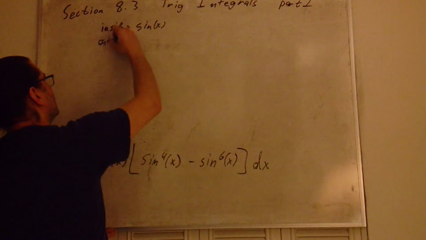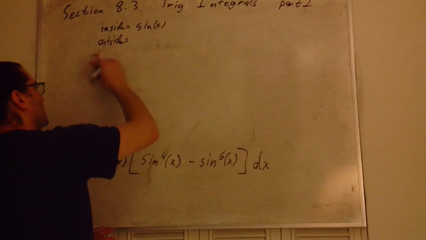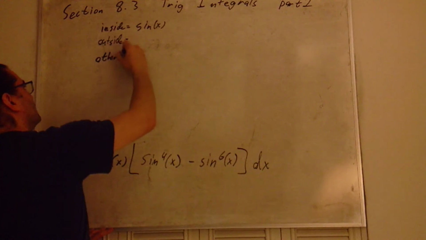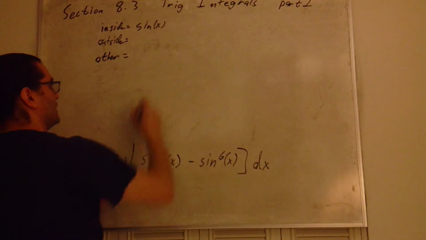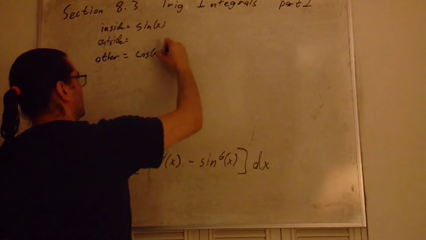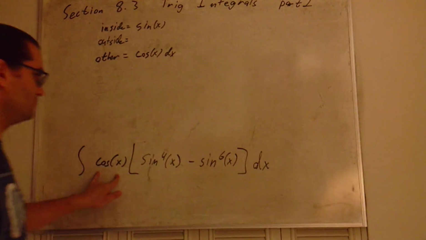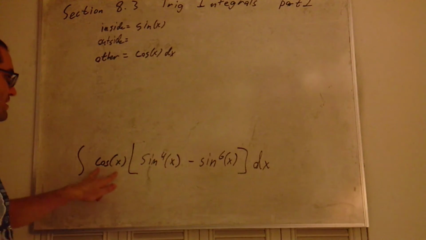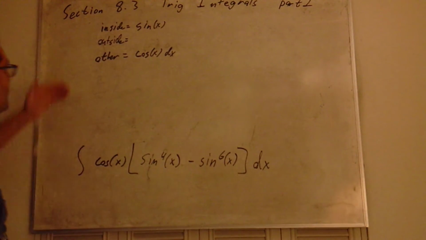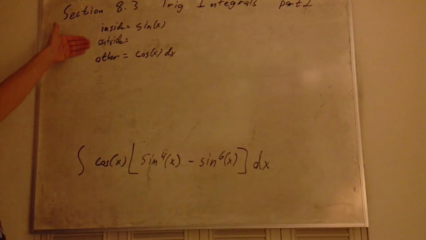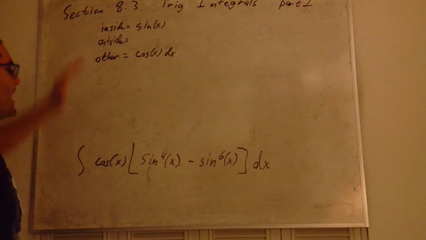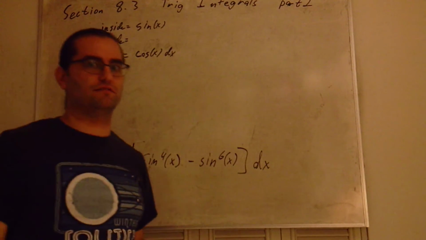Outside's going to get kind of messy sometimes. We'll talk about that. The other is cosine by design. We definitely wanted it to do that. So if the inside is sine and the other is the cosine, the outside has to be the rest of all of this business. The outside is everything that is happening to the sine function.